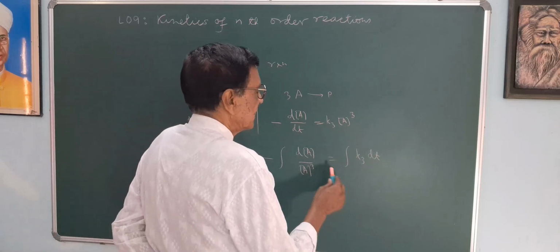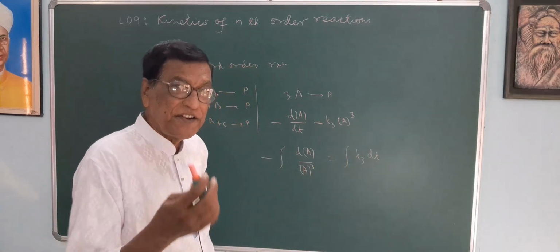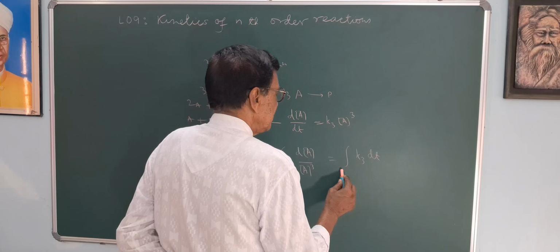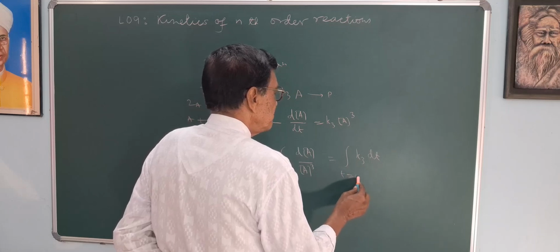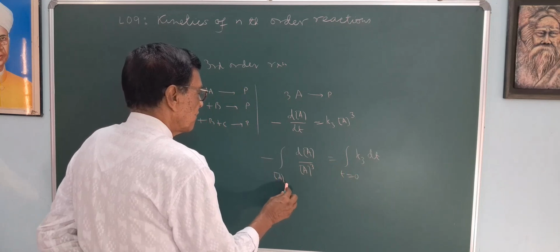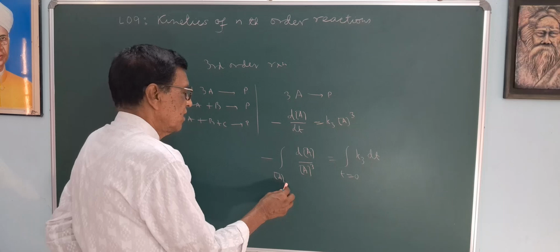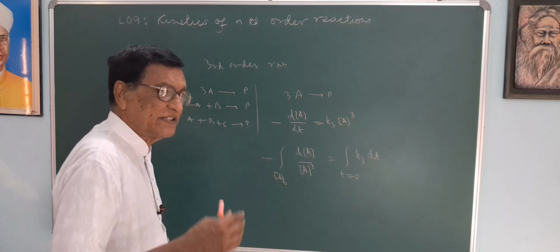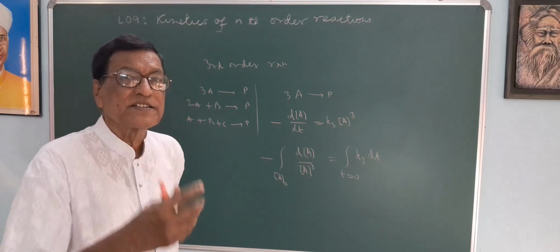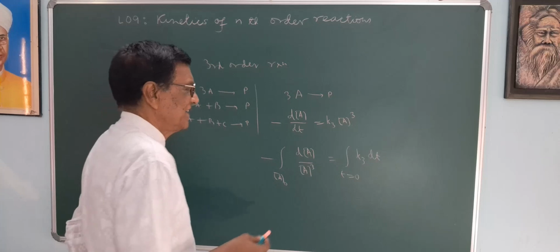If we do this definite integral within proper limits, at t equal to 0 the concentration is [A0], the initial concentration, just at the start of the reaction.